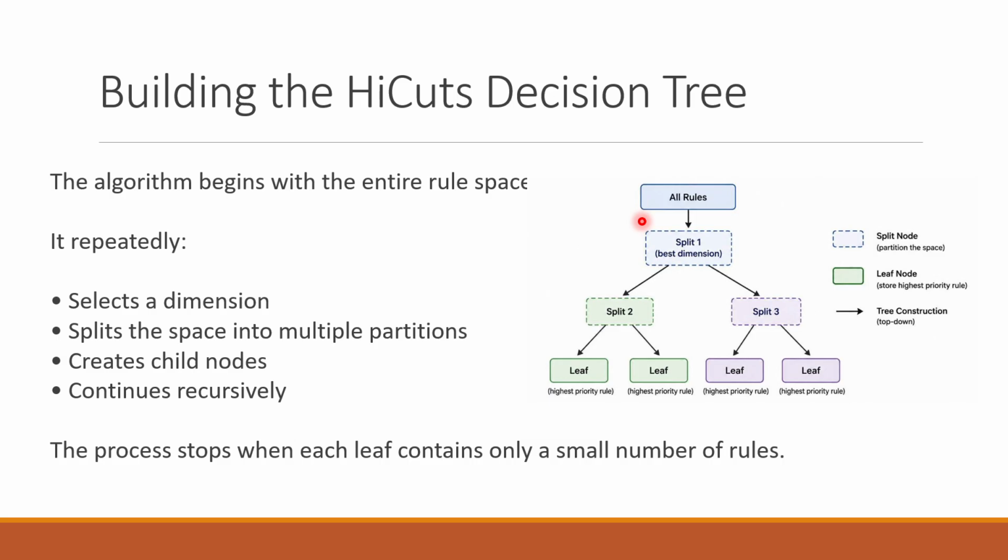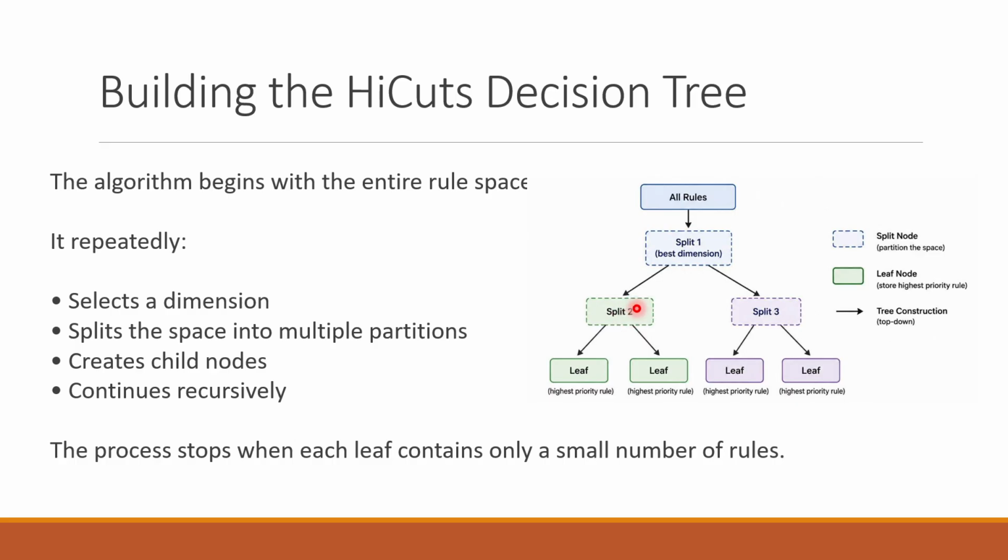The algorithm selects one dimension and divides the space into smaller sections. Each section becomes a child node. So now, from the root node, we follow the algorithm and we split the root node into child nodes. This process continues step by step until the leaf node contains only a small number of rules.